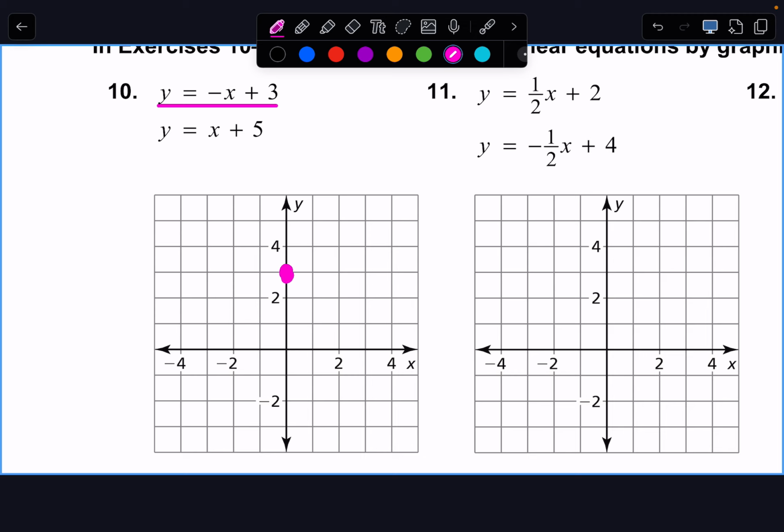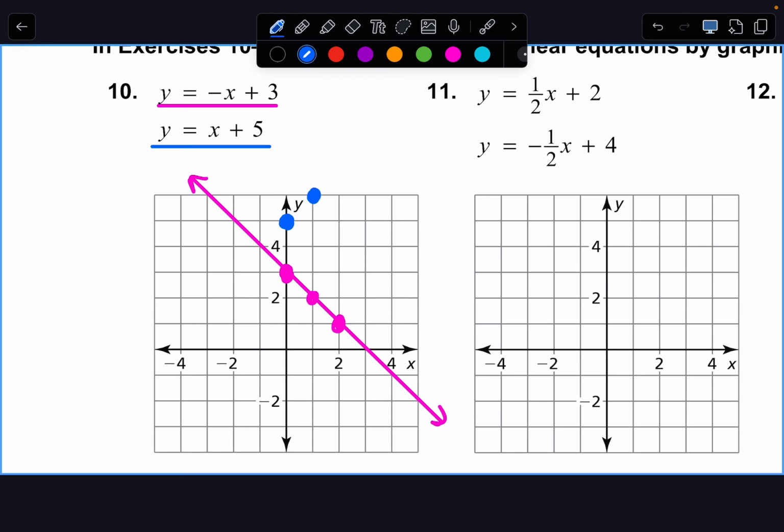So down 1, right 1, down 1, right 1. And then our second line, we have a y-intercept of 5 and a slope of +1.